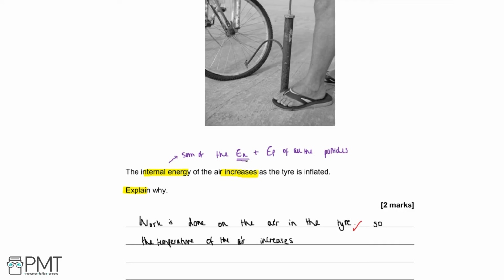And this is our second mark, this is all we need to write. However, just to tie it all together, we can add on the end, so the kinetic energy increases, and so the internal energy increases. But all we need is those 2 points with red ticks for those 2 marks.